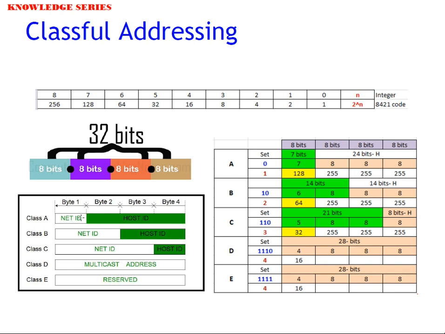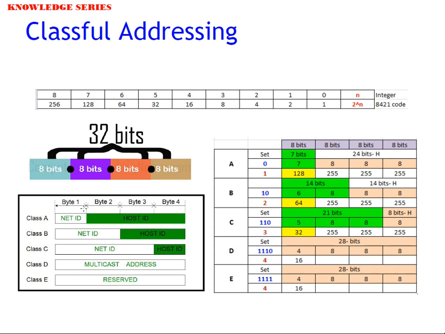One talks about the address of the particular location, the other is the device ID, where that particular host resides. So the net ID and the host ID are separated into two parts for IP addressing.